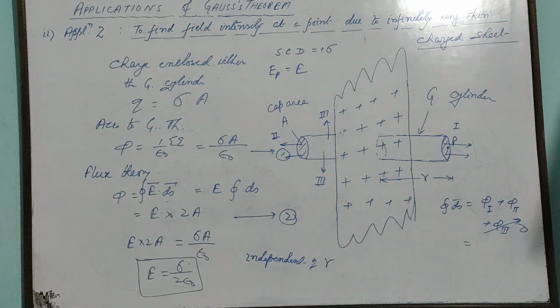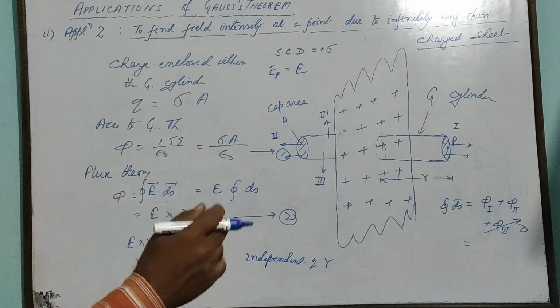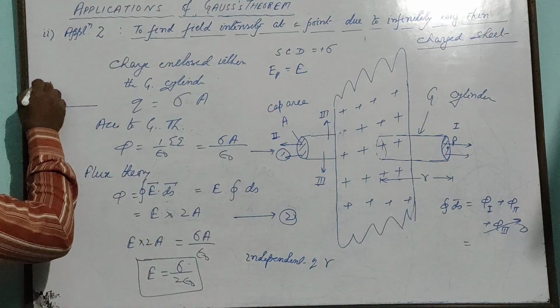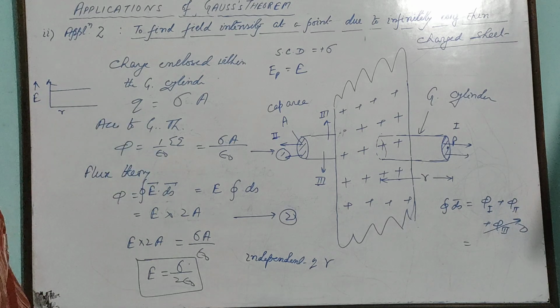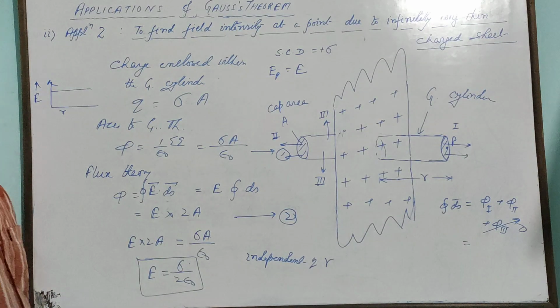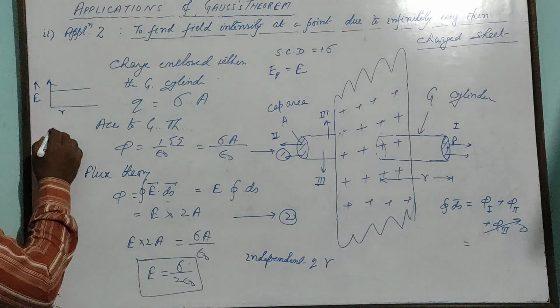If anybody asks you, you can write that it is independent, it is constant. So if anybody asks you to plot a graph between E and r, you may plot like this. But you are also observing that it is directly proportional to the strength of surface charge density. So a similar option will be there.